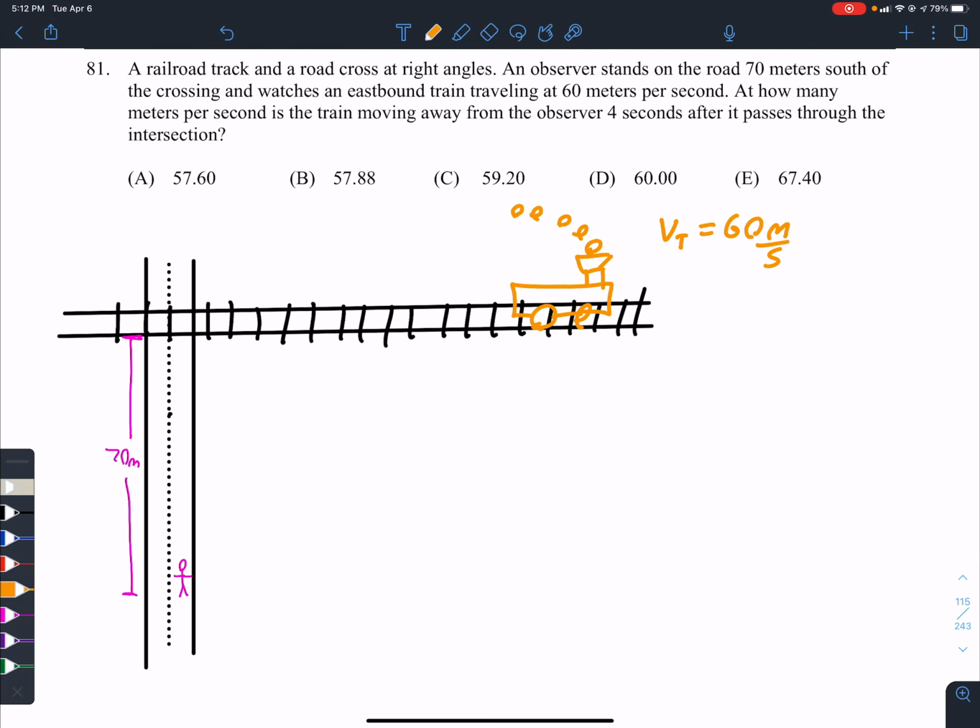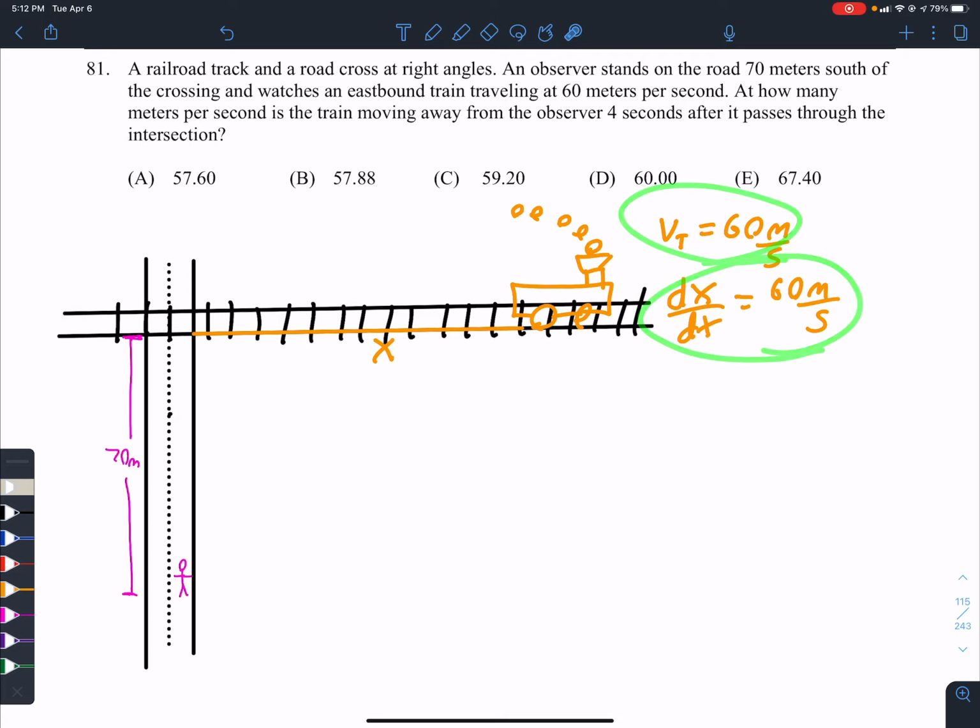So what's changing 60 meters every second? Something's changing. And the best choice is the distance from the road to the train. We'll call that x. That means the change in x as time changes is 60 meters per second. So we change this velocity into a rate.